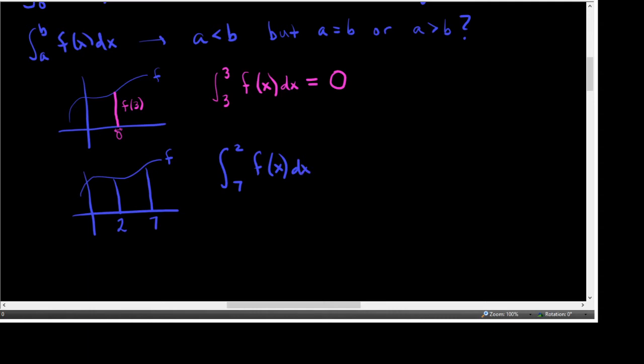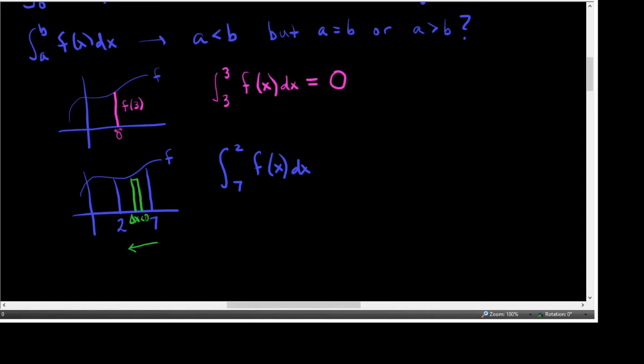Well, if I were to think about our representative rectangle, if we're moving from 7 to 2, that's movement from right to left. And that would make our delta x, in this case, moving from right to left, a negative number.